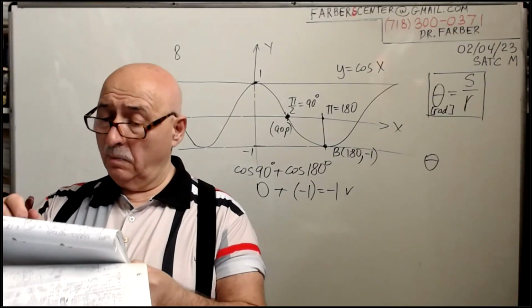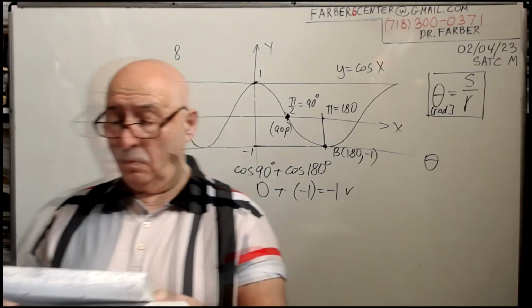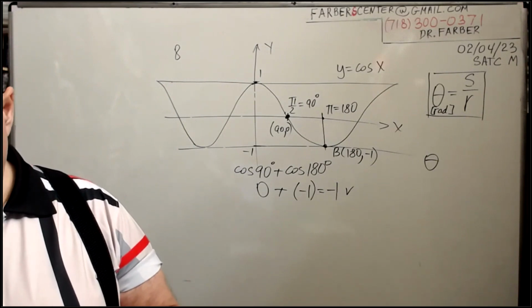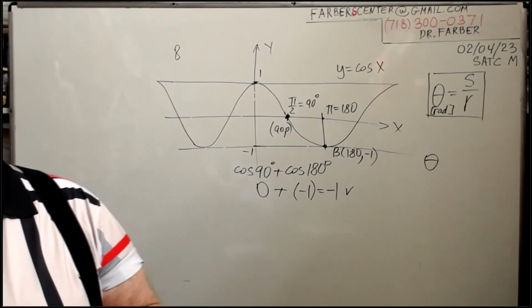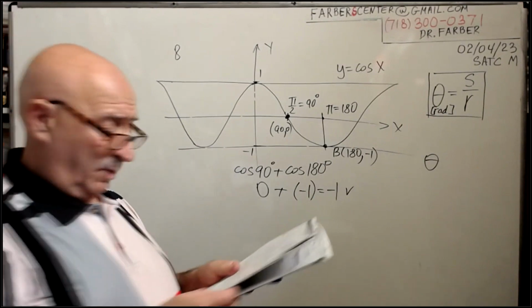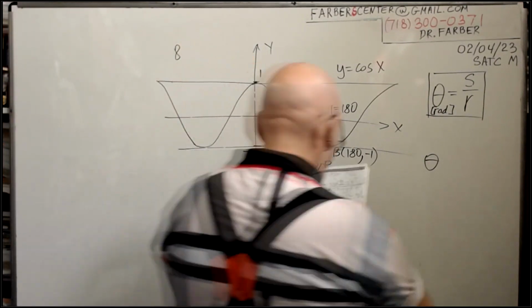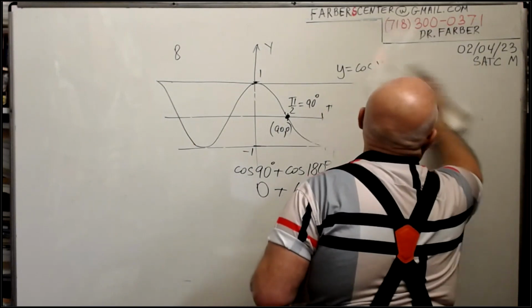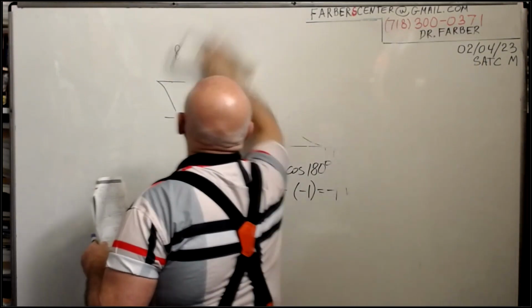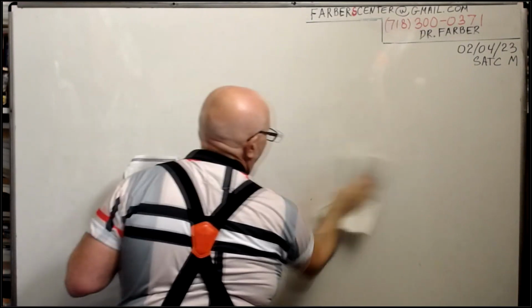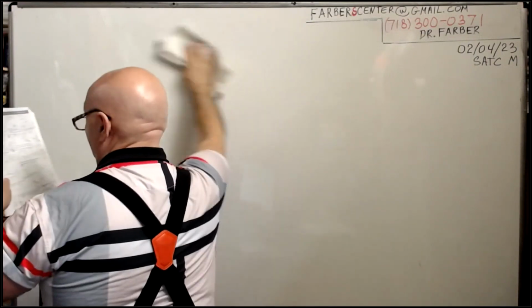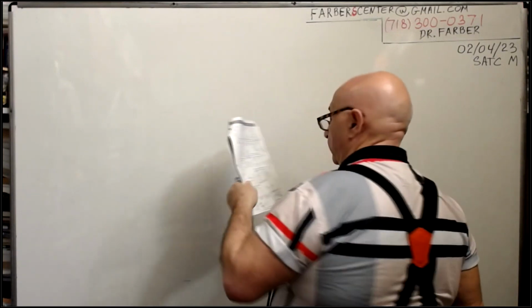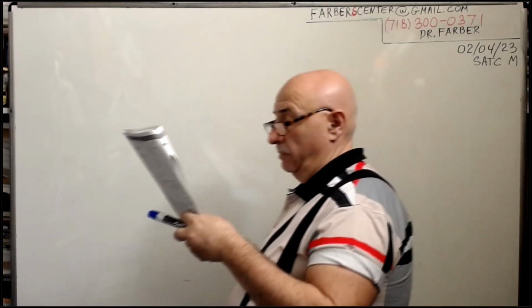Okay. 11. Okay. Let me make number 11. The cosine of each of the following angles is not equal.